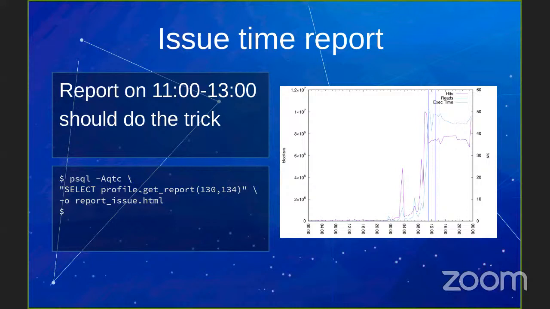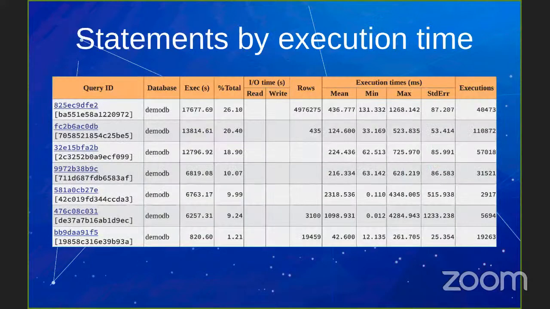As we know, our issue is related to statement execution time and block hit rate. Those corresponding sections will be the first to look at. Let's see statements by execution time. Statements in every table of a report are sorted by the corresponding statistic value. In this table, it's total execution time during the report interval.